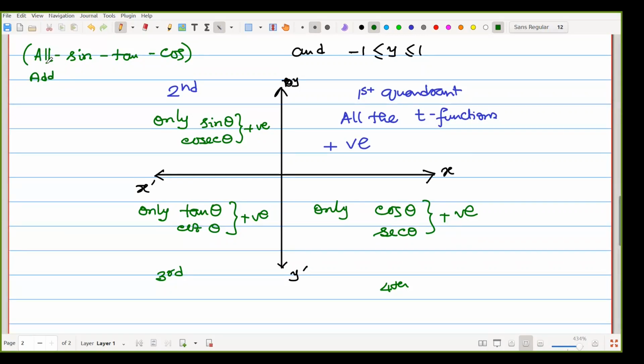That means the starting letter A for all, S for sine, T for tan, and C for cos. So first quadrant means all the t functions are positive. In the second quadrant, only sine and cosec. Cosec means 1 by sine, so that should obviously be positive. Tan in the third quadrant. Fourth quadrant, cos theta and sec theta are only positive.